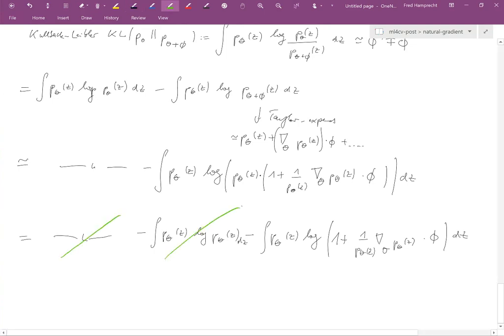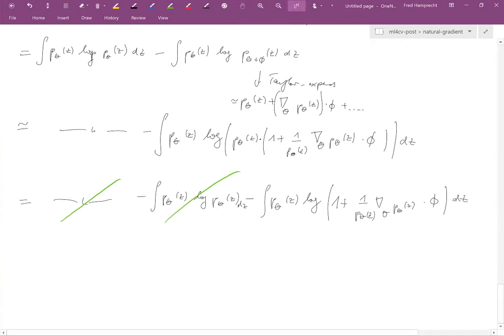So this one and this one, the expected log of this distribution cancels. And we're left with this last term, where now another approximation is used, namely the following.